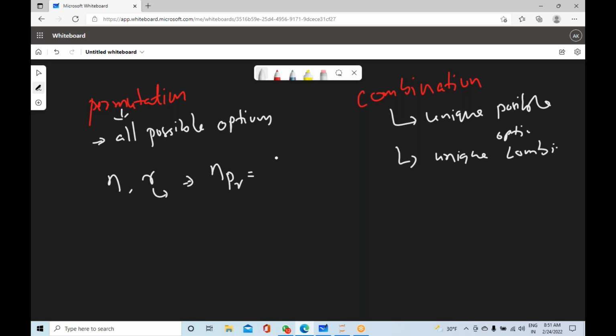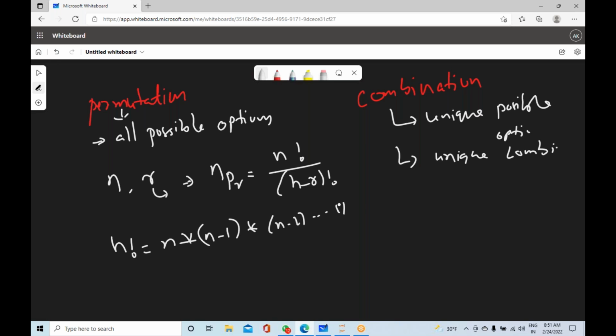The formula for nPr is n factorial by (n minus r) factorial. Factorial you already know: n factorial means n into n minus 1 into n minus 2 and so on till 1. (n minus r) factorial is the same thing, but it's a number only. So nPr will give you all possible options.